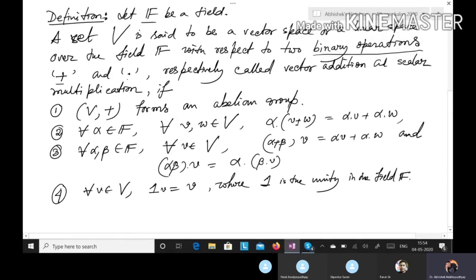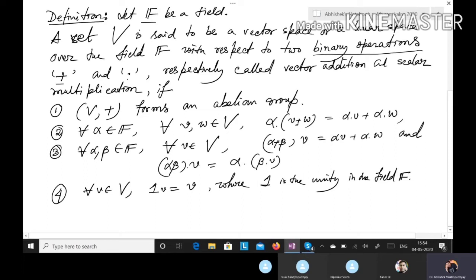So thus we see that V is said to be a vector space or a linear space over the field F with respect to two binary operations. One is called vector addition, denoted by plus. Another one is called scalar multiplication, which is denoted by dot. And they will satisfy these four axioms.